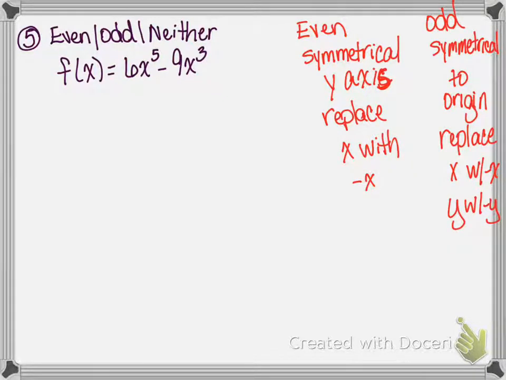But if we look at our greatest exponent, my greatest exponent here is 5. Because my greatest exponent is 5, I don't have to test for even, because all even functions are going to have their highest exponent being even. So because this doesn't have an exponent whose highest degree is even, I don't even need to test for this.